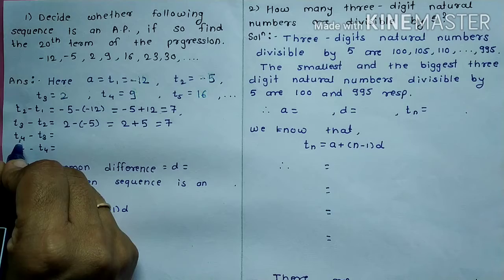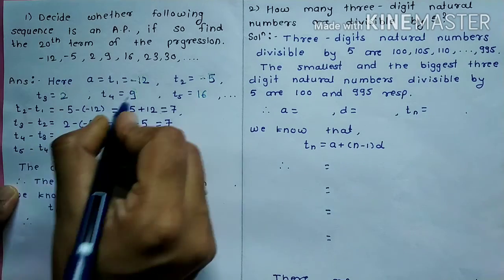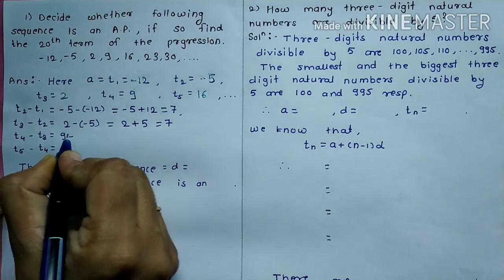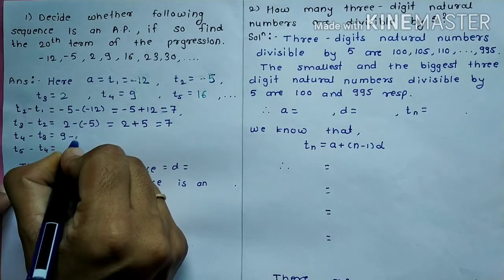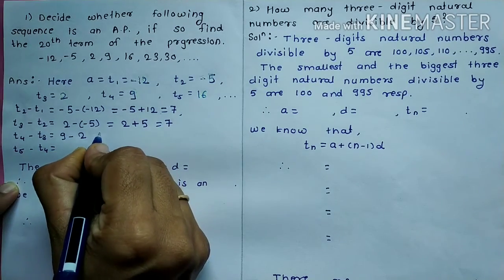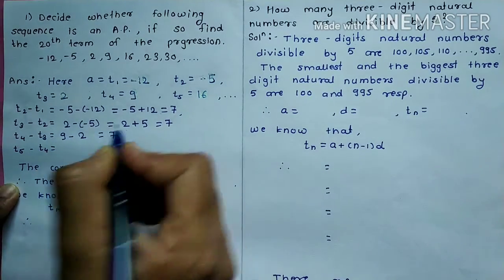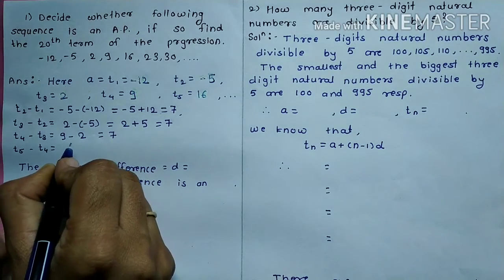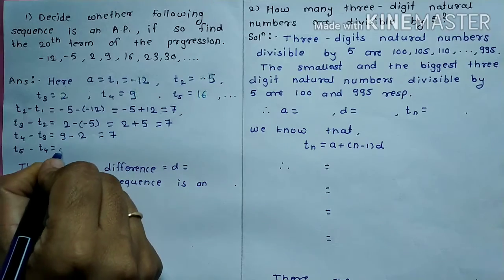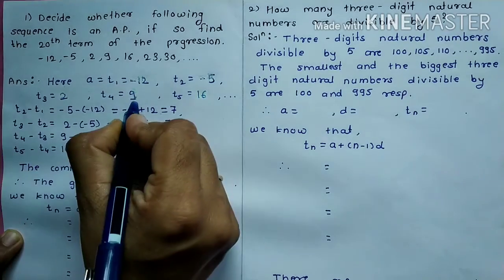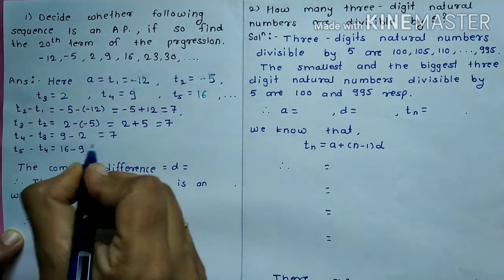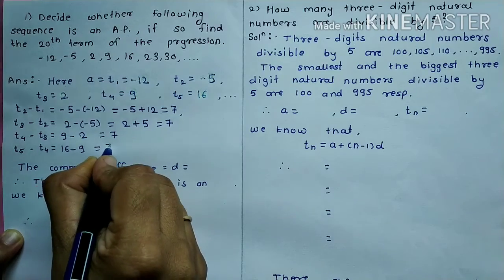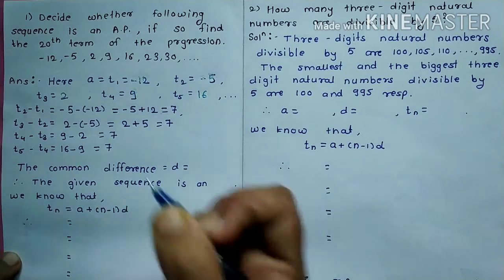Next difference is T4 minus T3. T4 is 9 minus T3, which is 2, and 9 minus 2 is 7. Next difference, T5 minus T4. T5 is 16 minus T4, which is 9, and 16 minus 9 is 7.